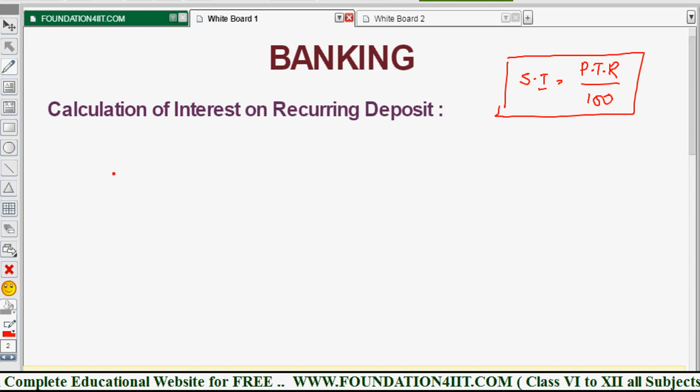Let me take one example. Suppose one person is paying 200 rupees every month. First month he pays 200, second month he pays another 200, third month again 200. Like this he pays for 1 year, which is 12 months.